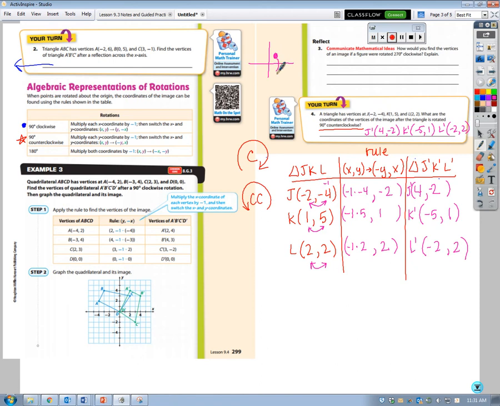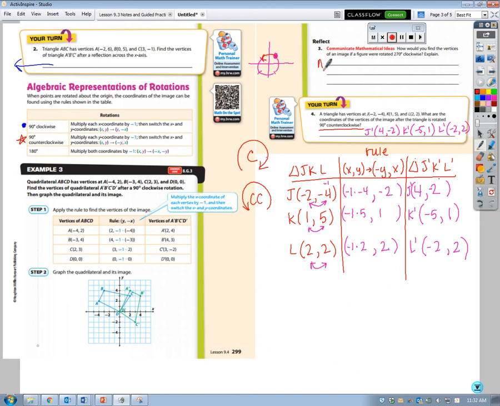This would be 90, right? This would be 180, and this would be 270. This is the same as a 90 degrees counterclockwise rotation. So I can use the same rule for a counterclockwise rotation of 90 degrees.